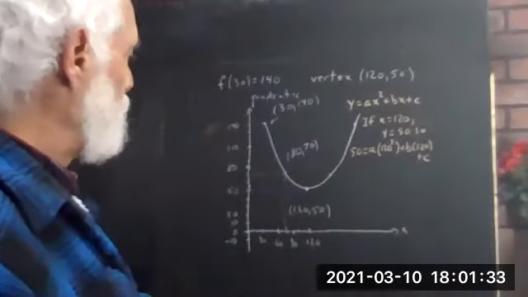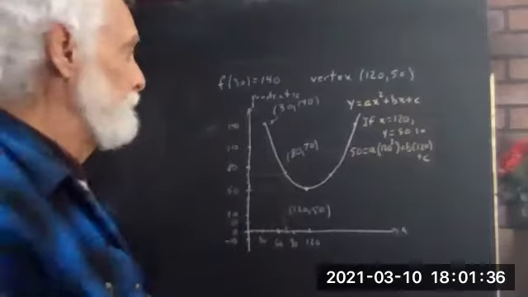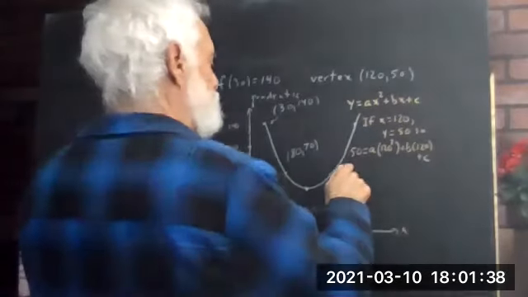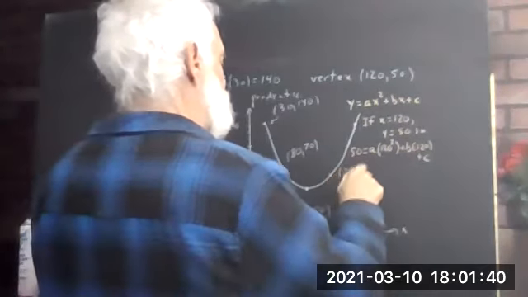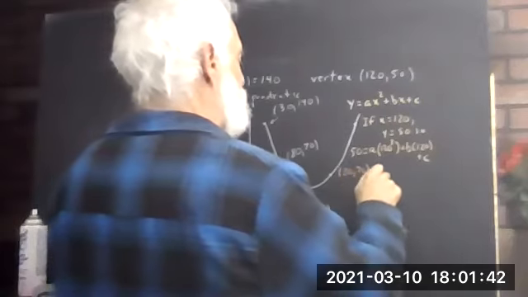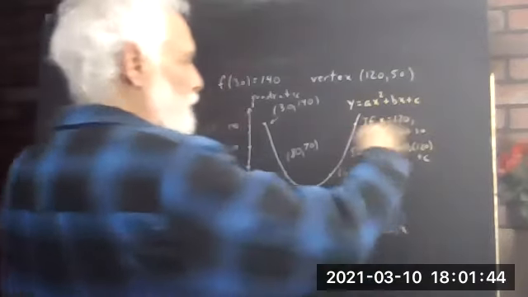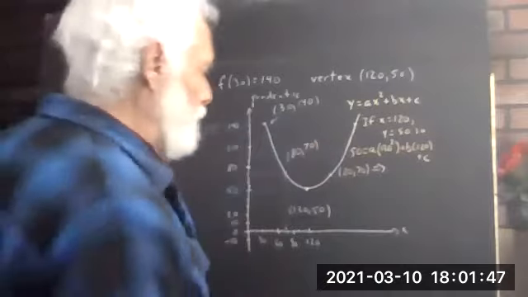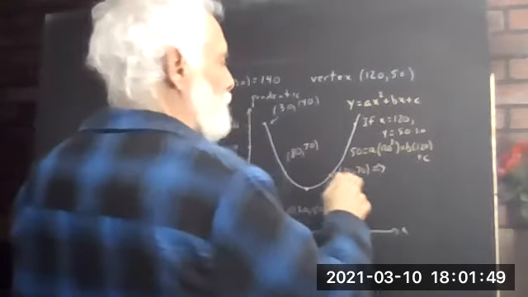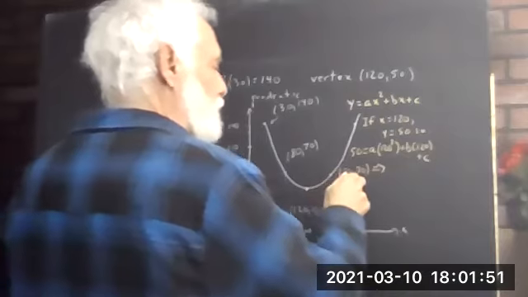Okay, well, also the point 80, 70. I'm not going to write it out like I wrote it out here because I don't have that much room. But the point 80, 70 says that when x is 80, y is 70.